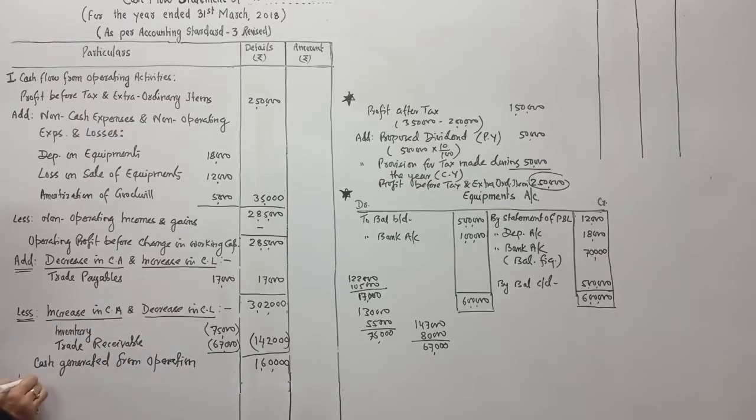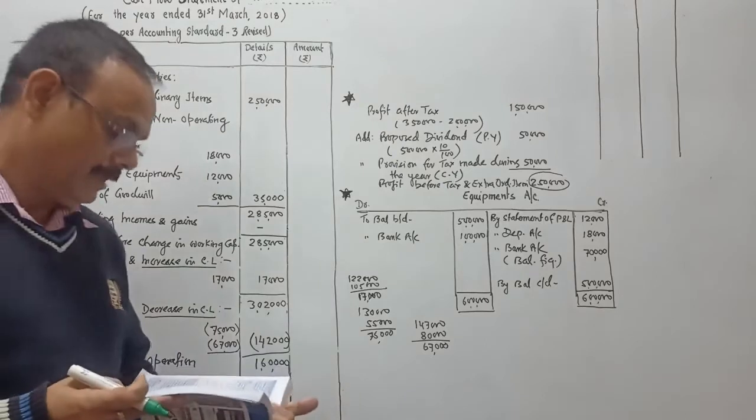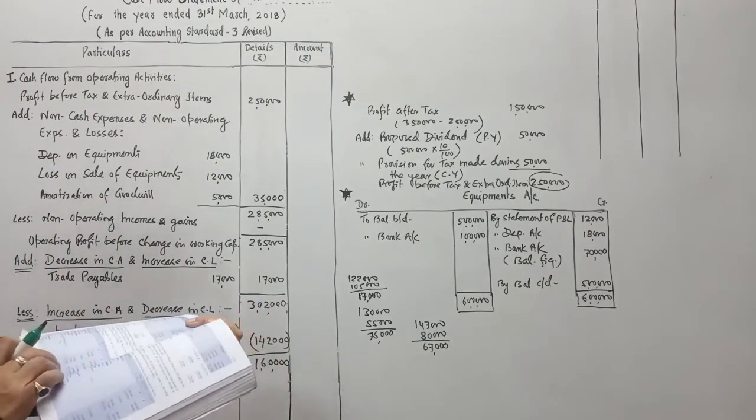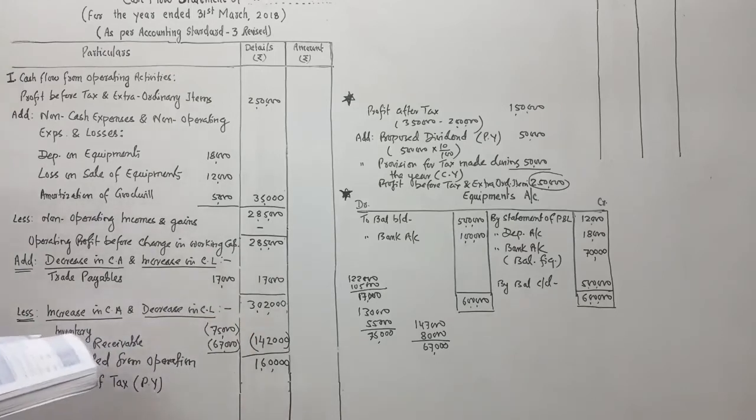Thereafter we will deduct the payment of tax. We are going to pay the tax of the previous year. In the current liability, provision for tax of the last year is 30,000.